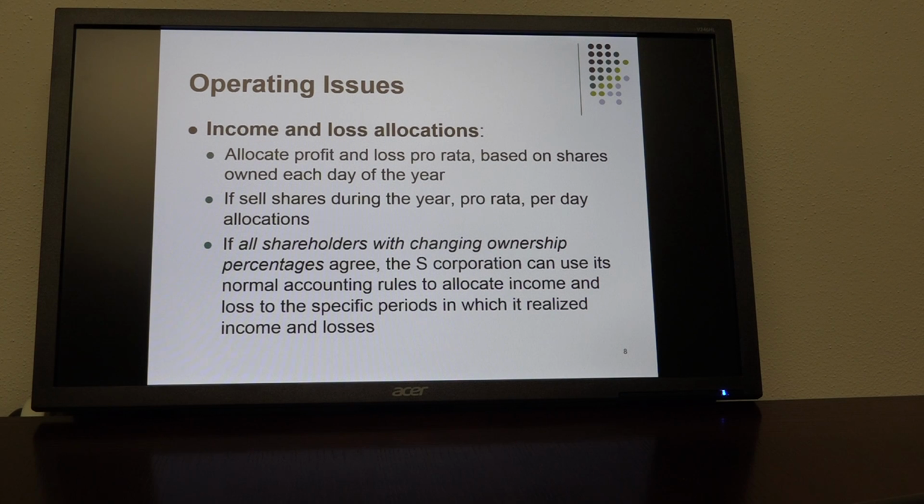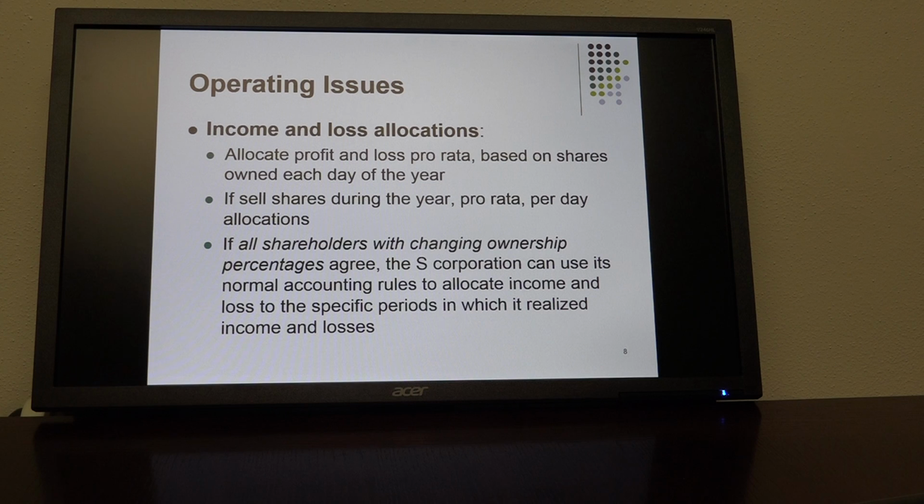Income and loss allocations. Now here, this is different than with partnerships. Recall that with partnerships, you can specifically allocate certain items of income, loss, et cetera, to specific partners. The one big restriction is that there has to be a good reason for doing so other than the avoidance of taxes.